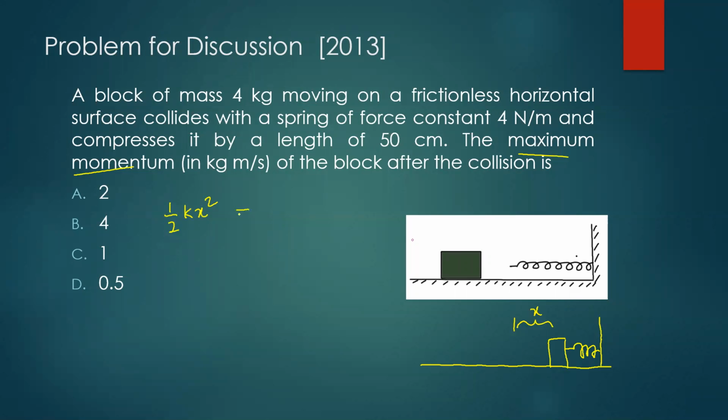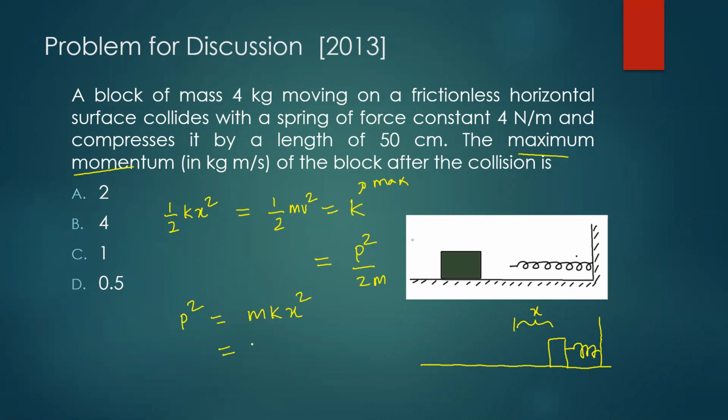So this should completely translate to the maximum kinetic energy, half mv square, which we can write as p square by 2m. You understand? So from here, p square is basically mkx square, and then just substitute the values.